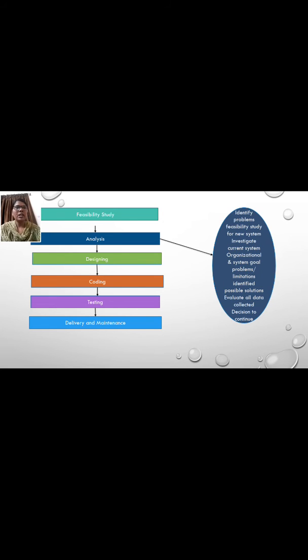The next phase is the analysis phase. Software requirement specification, or the system requirement specification. This is the document where the business requirement as well as the technical requirement exist.